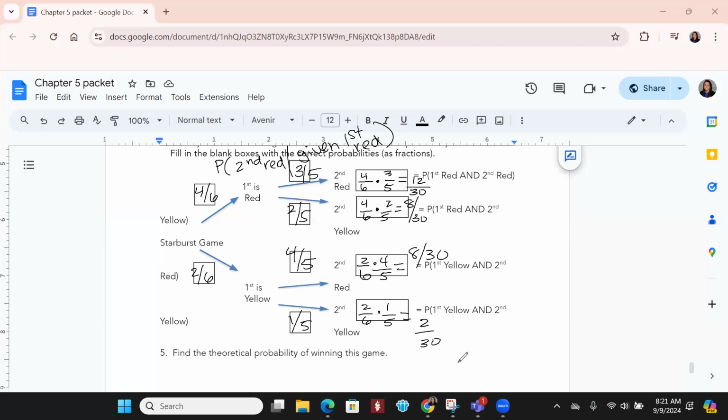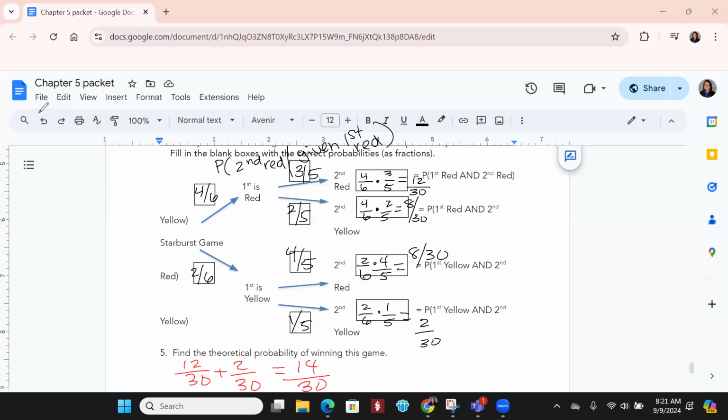Okay. So what is the theoretical probability of winning this game? You said 13 out of 30? 14 out of 30. So we would have the 12 divided by 30 plus the 2 divided by 30, which would give us 14 out of 30.